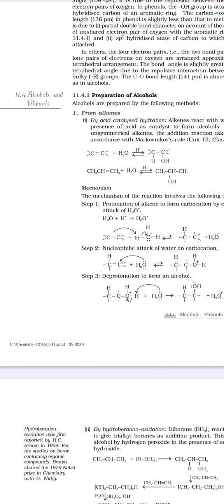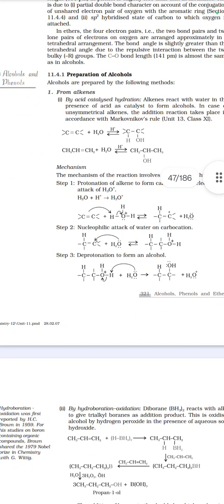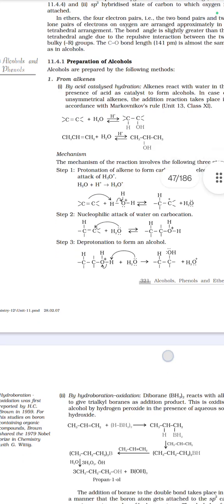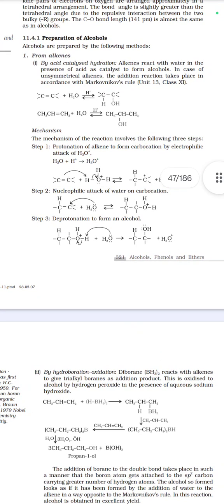11.4 Alcohols and phenols. Let us discuss the preparation of alcohols. Alcohols are prepared by the following methods. First, from alkenes. Let's see, first, by acid catalyzed hydration.